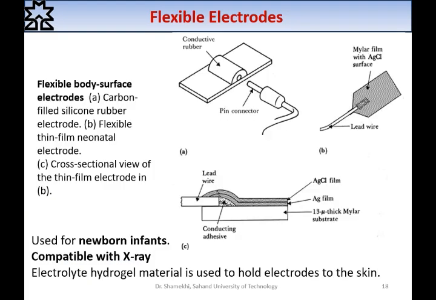The next type of the electrodes is the flexible electrodes. Flexible electrodes are used to conform to the skin of the body, because we have various shapes on the body, and a flexible electrode will help us to record better on small and complex surfaces, for example in corners, on small muscles, on small locations.